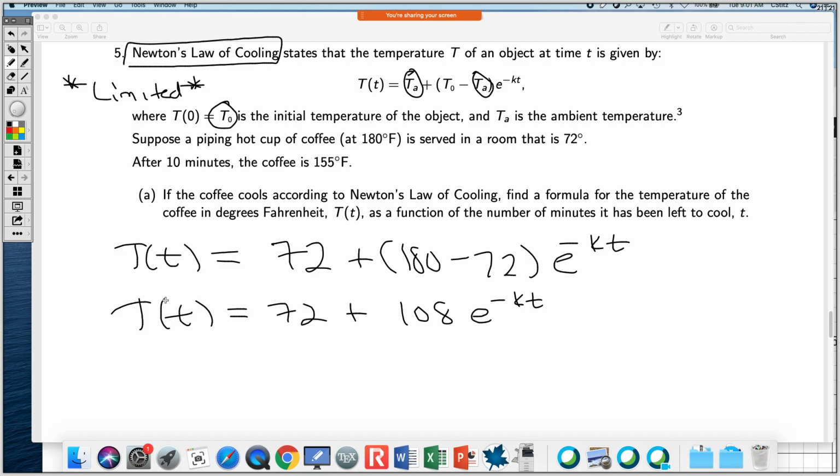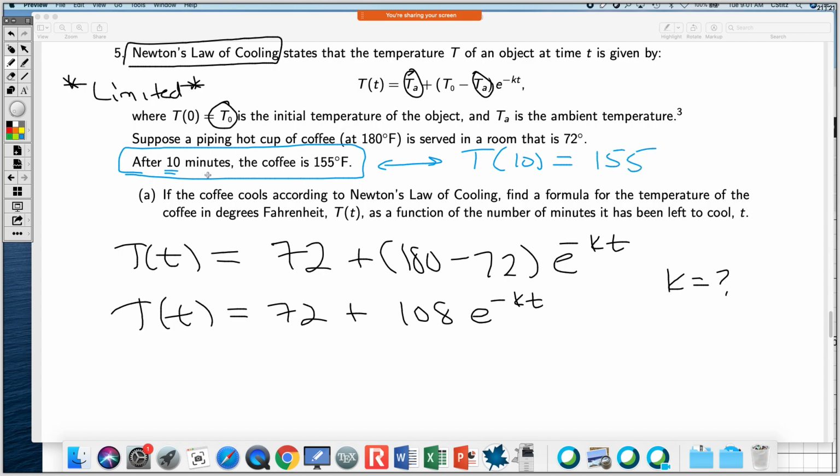Now, in order to get temperature as a function of time, I've got to figure out what the k is. I don't know what the k is yet, but they give us a piece of information to use. After 10 minutes, the coffee is 155 degrees Fahrenheit. So using functional notation, this tells us that capital T of 10 is 155.